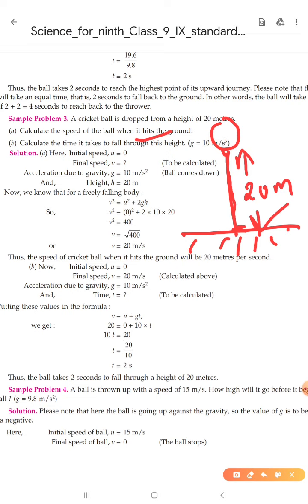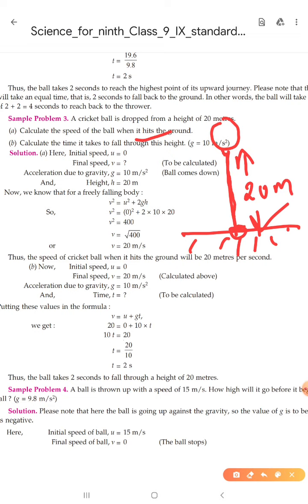It means that every second the velocity of the body is gaining 9.8 meter per second. This is a very important point. Every second the ball is gaining 9.8 meter per second velocity. So the velocity is regularly increasing, and at this point it will strike the ground with some velocity.